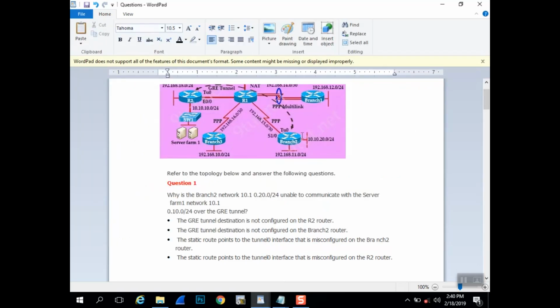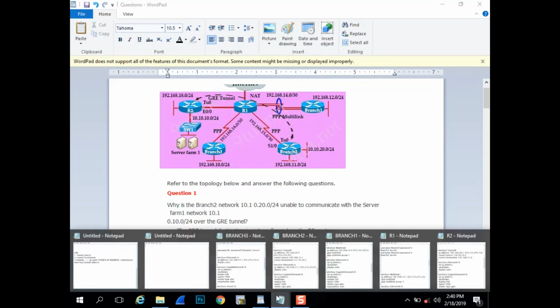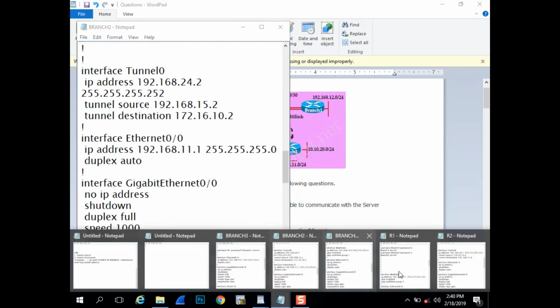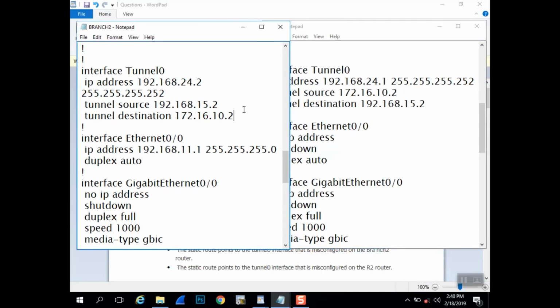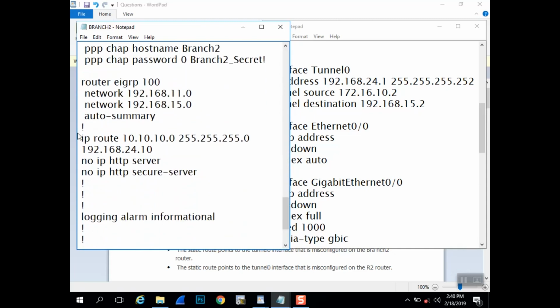As you can see here in the topology, only branch 2 should be going to R2. So if we check again branch 2 and R2, let's go with the routing here in branch 2, and there you have it. Here is the IP route. You have to declare the not directly connected network, and also the subnet mask and the next hop.